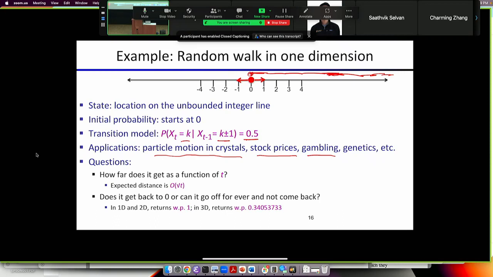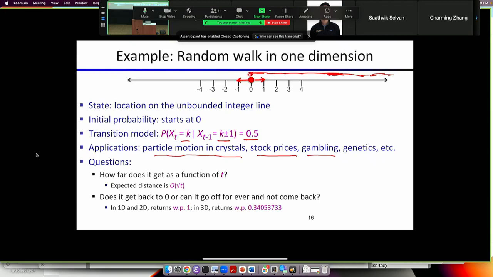Good question. Okay, so think about how you might figure that one out. One way of thinking about it is that it's a sum of an infinite series. You can figure out, what's the probability I get back at time 1? Well, I can't get back at time 1.